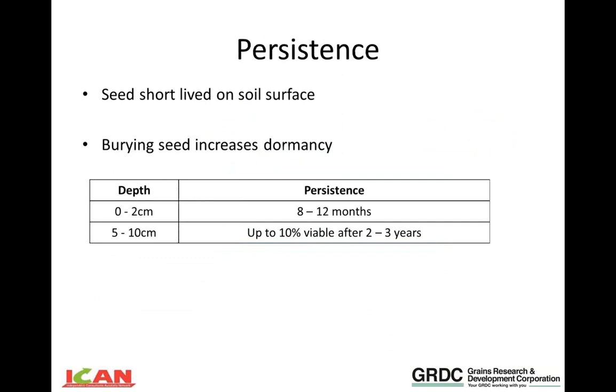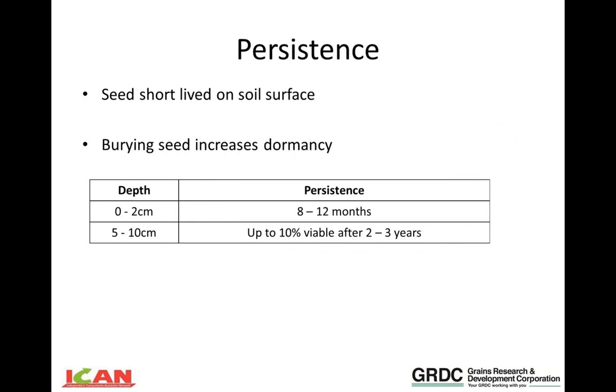Okay, something to be aware of in regards to perhaps bringing cultivation back into the system is that when you bury the seed of sowthistle, you also affect the persistence of that seed. The seed of sowthistle is very short-lived on the soil surface there.